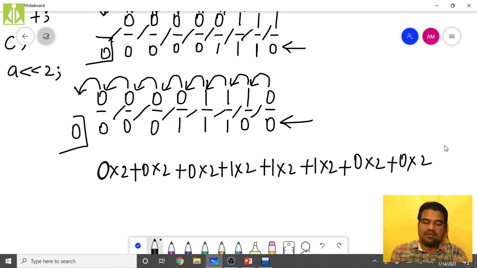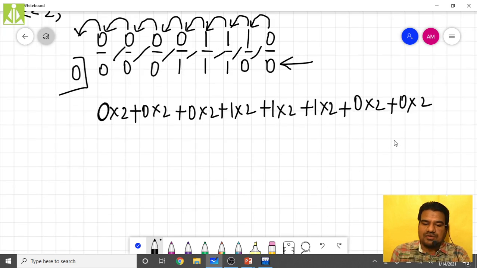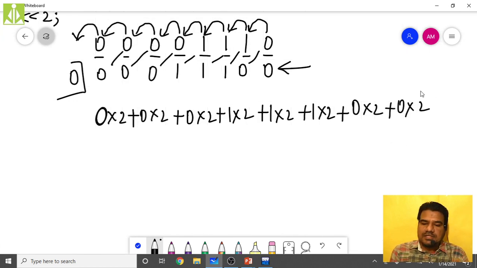Now you add the powers. All powers you have to add. 0 you start, then 1, then 2, then 3, then 4, then 5, 6, finally 7. So all these will become zeros, isn't it? 0 plus 0 plus 0.